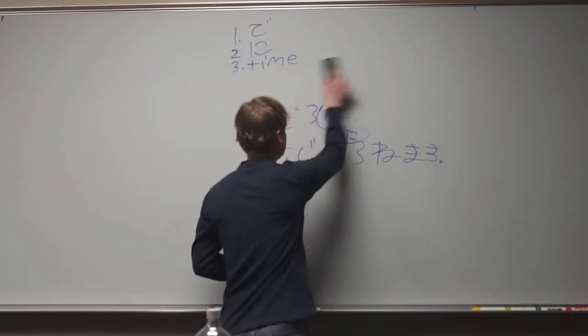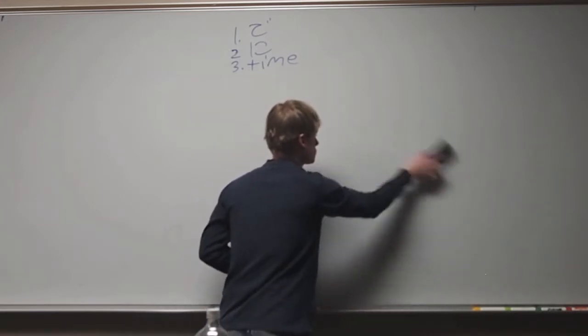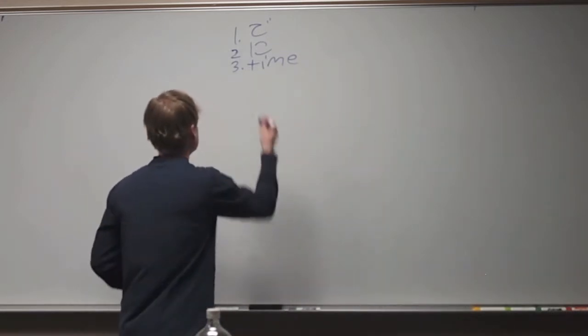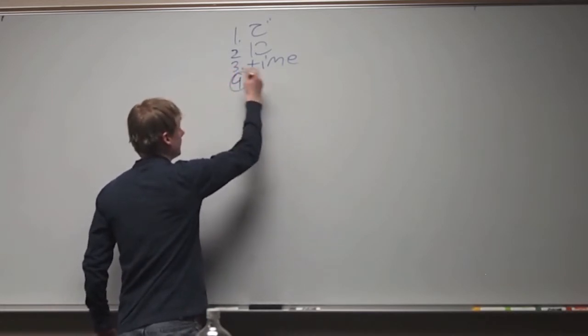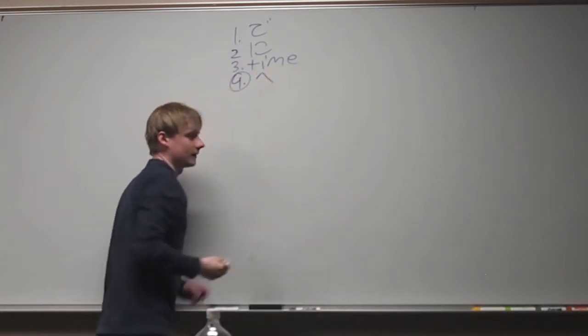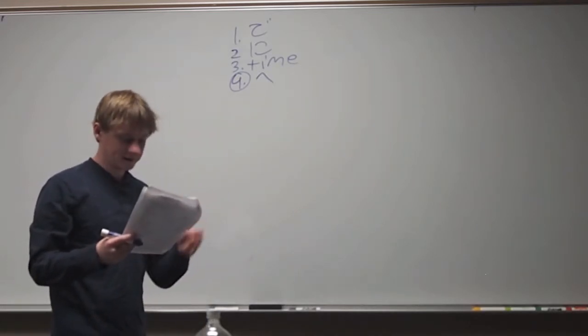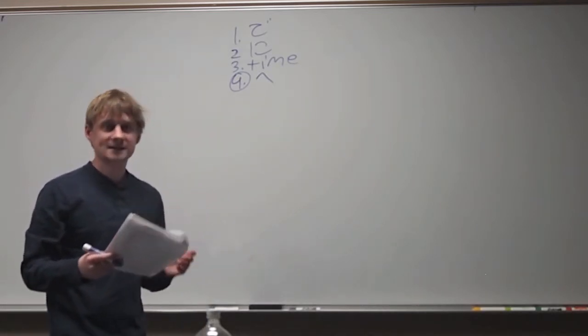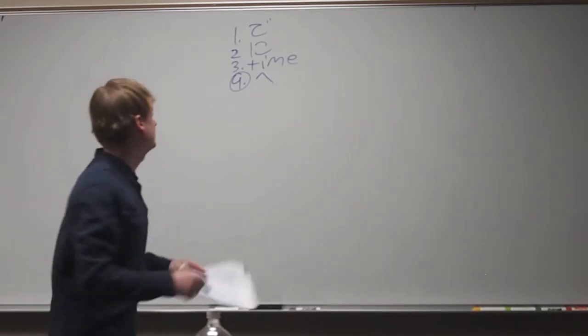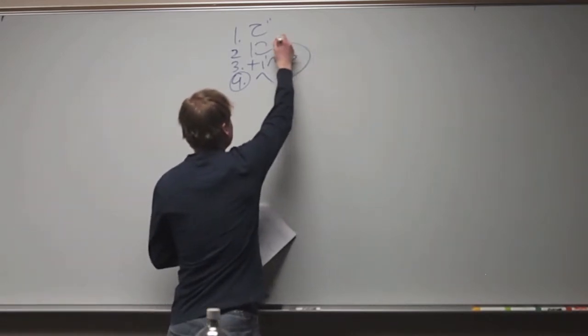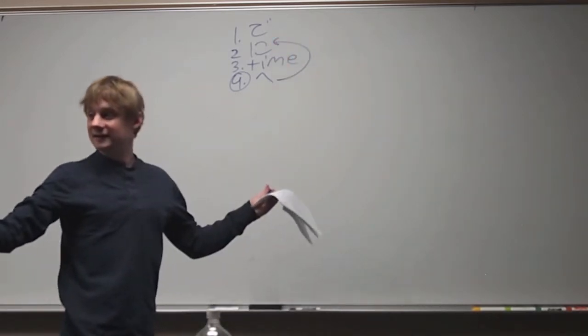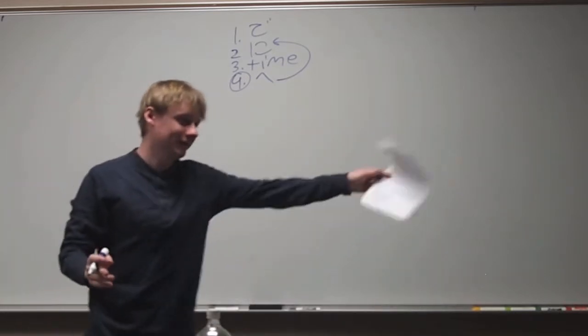Okay. The next one is e. And this is actually very, very easy. Because guess what? It's the same as ni. Towards something. You're going towards something.